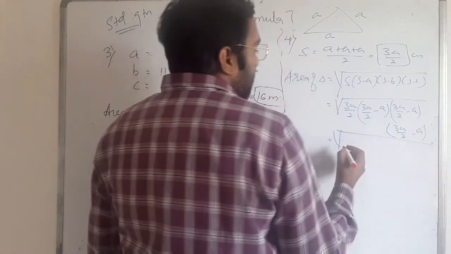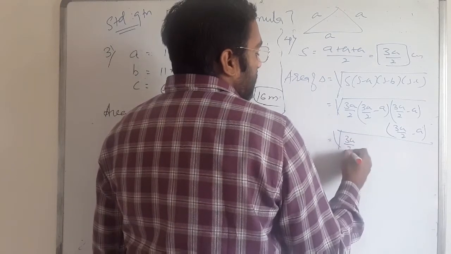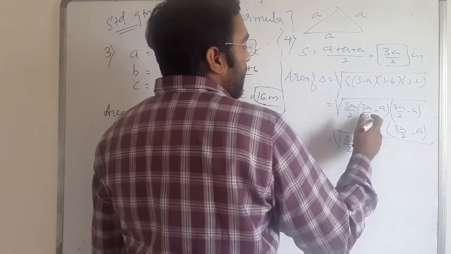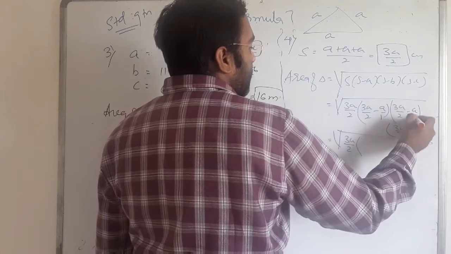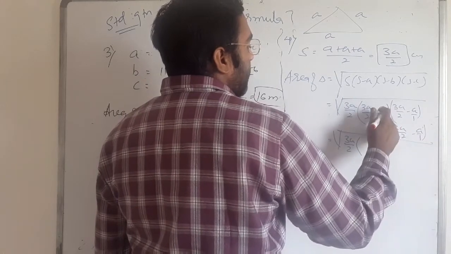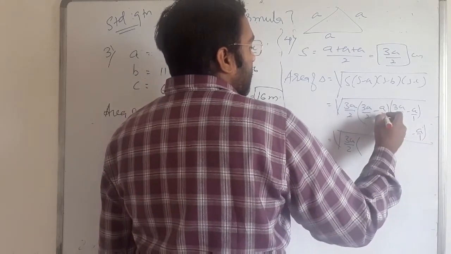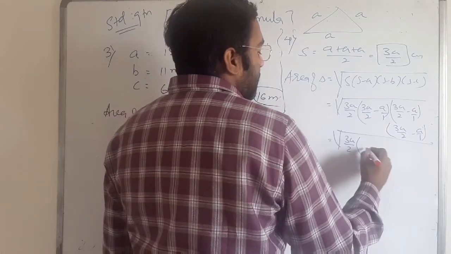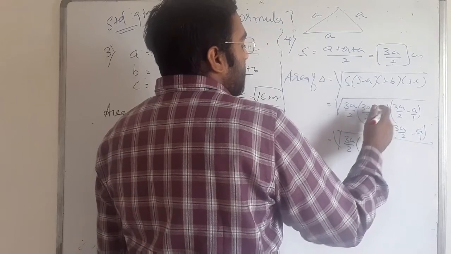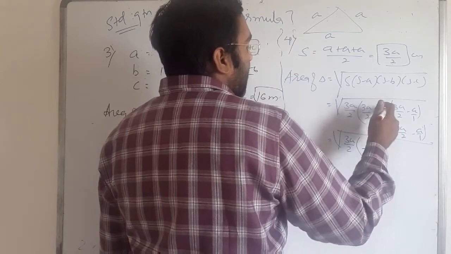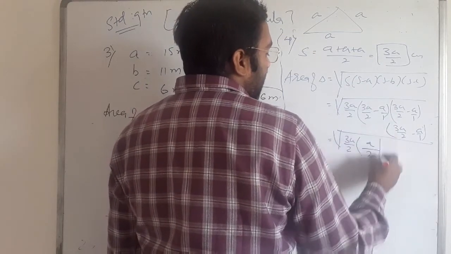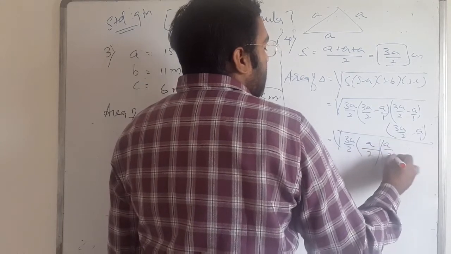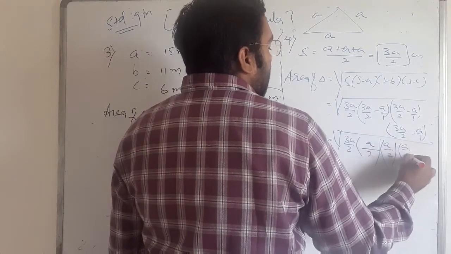So what is my area? That is 3a by 2, written as it is. Now we have to take the LCM here, because there is no number upon a. So the LCM is 2. So 3a minus 2a is a, so a by 2. So in all three brackets there is an answer of a by 2.